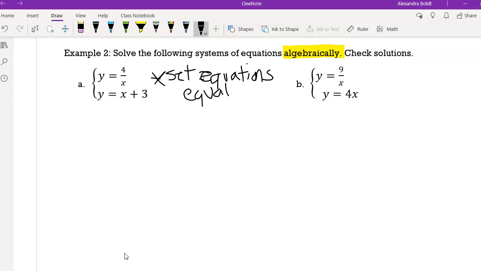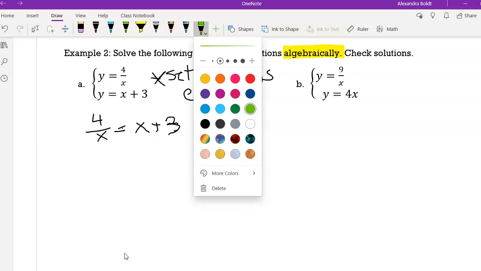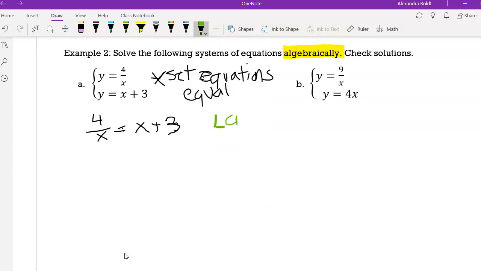Okay, so I'm going to first set my equations equal. So I have 4 over x equals x plus 3. Okay. Now this is pretty easy with our LCD. LCD just equals x because it's the only denominator.